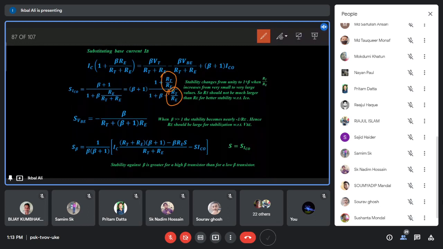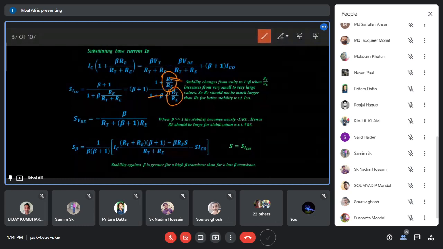If it is very large, the 1 will be dropped from the denominator, and the stability factor becomes beta plus 1. So RT by RE should be low, such that the stability factor becomes 1.